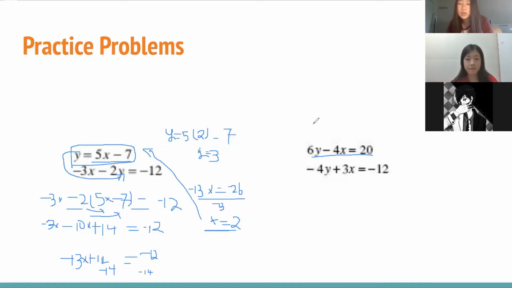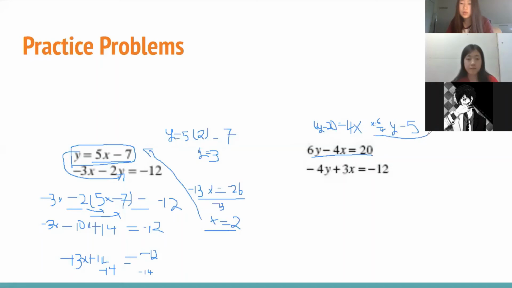So it would be 6y minus 20 equals 4x. So x would be 6 over 4y minus 5.